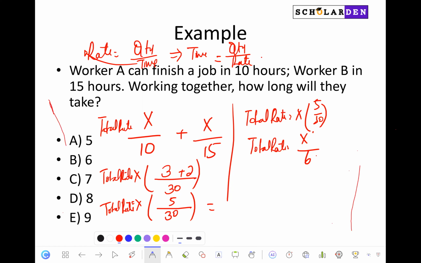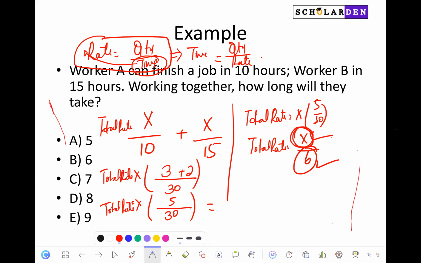In my definition of rate, what does the quantity in the denominator represent? This represents your total time, because this quantity does not change, and this was the total task that I was supposed to do.